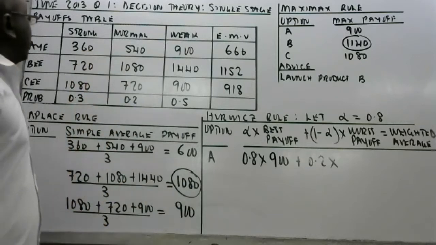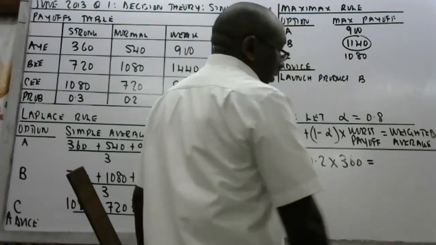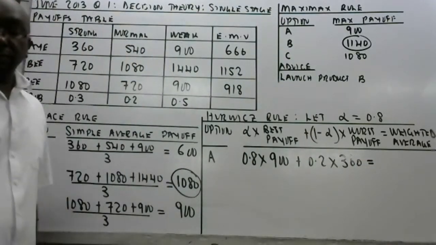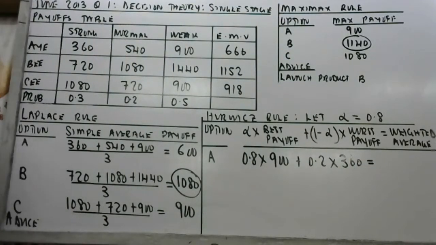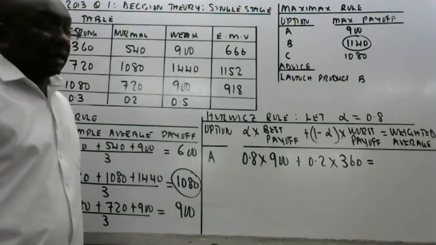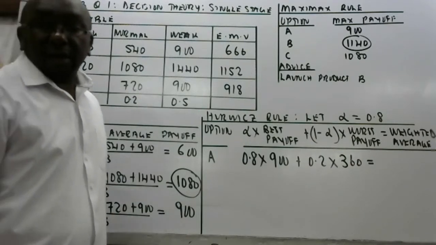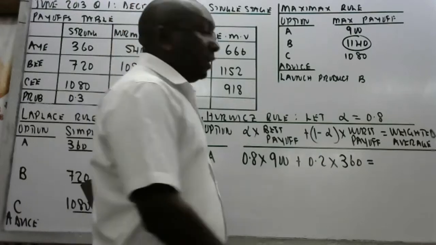The worst is 360. That gives us what? I have one answer. 792. Good.